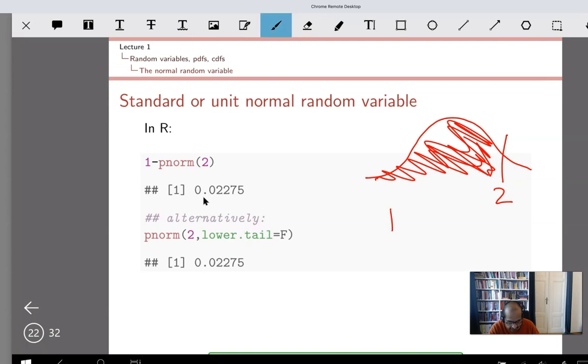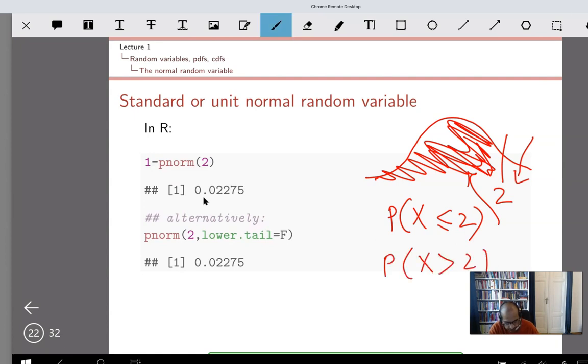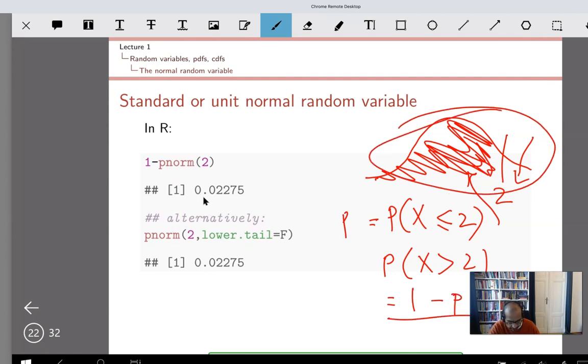Therefore, I can also use this to calculate the probability of observing some value greater than 2, right? I could do that by simply computing this value, I'll call it P, and doing 1 minus P, because 1 is the total area under the curve, so I can compute 1 minus P to figure out this area under the curve, right?